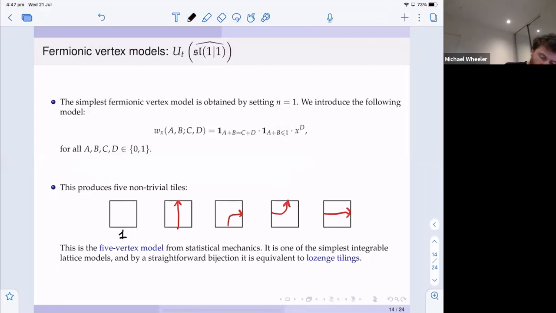This is going to be 1, this will be 1, this will have a weight of x, this will have a weight of 1, and this will have a weight of x. So that's the 5-vertex model. And it's sort of classical in statistical mechanics. It's really one of the simplest non-trivial integrable vertex models. And it's very nice because it has bijections to, for example, lozenge tilings, which people like to study.